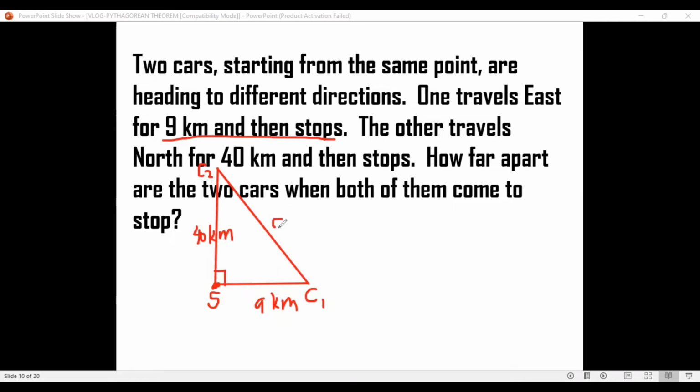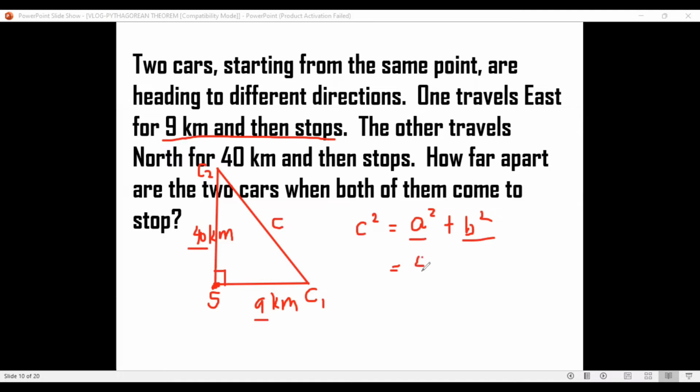Okay, so I will just name that as our C. And going back to our formula, your C squared is again equal to A squared plus B squared. Okay, so from there we can just substitute. Anyway, there's no difference even if we interchange now the places of your numbers 9 and 40.